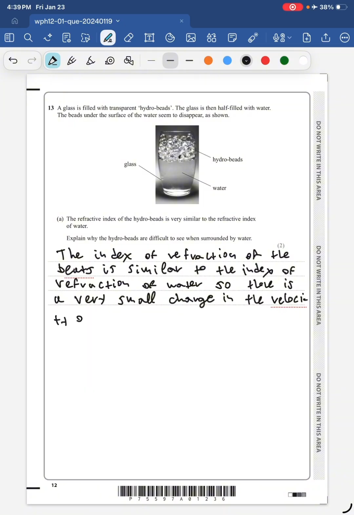In the velocity of light, hence little to no refraction.